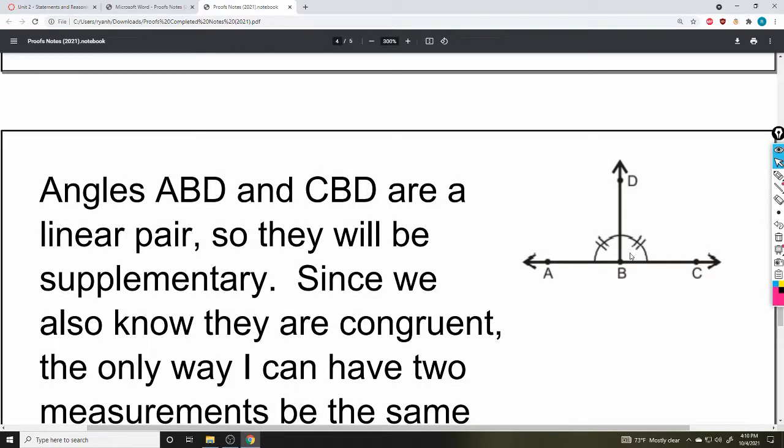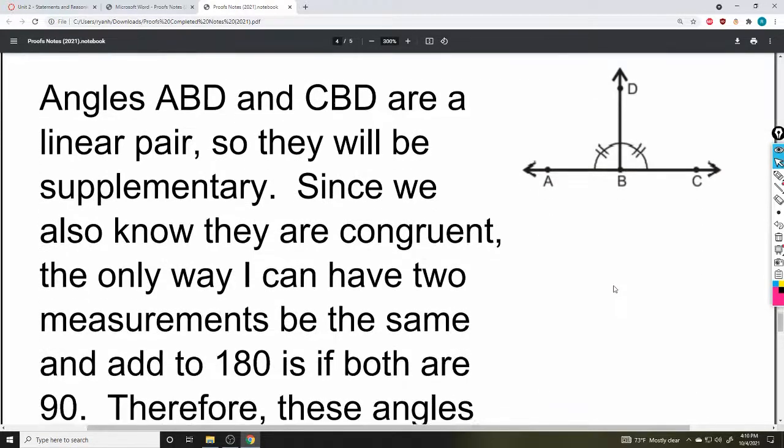But I need to explain how I get from there to those smaller angles being 90. How do I know that they're both 90? How do I know that they're not some other number? So I'm going to explain, well, I have two of the same number. Since they're congruent, I have two of the same number, and I want them to add together to be 180.